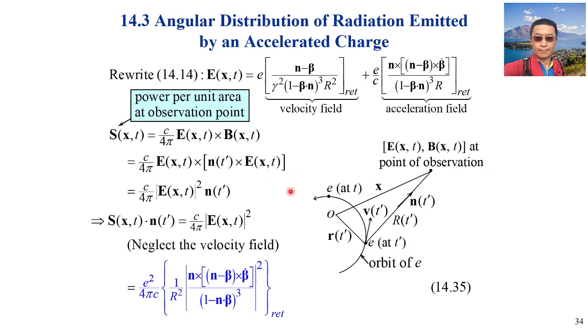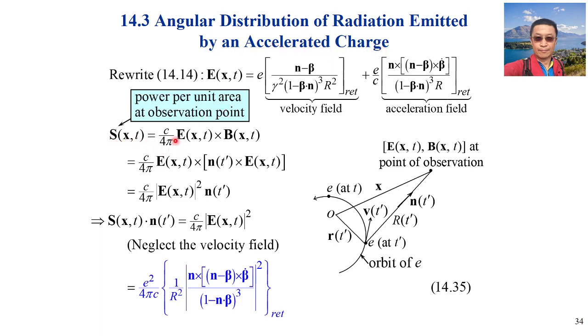Therefore, we need to consider special relativity. So for the conservation of power, we should do something. So today we want to know the angular distribution of radiation emitted by an accelerated charge.